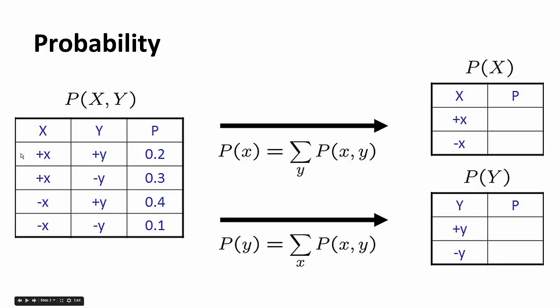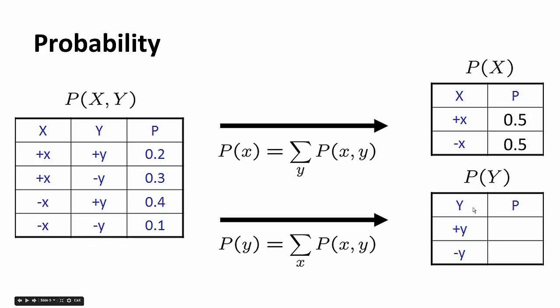That's going to be the sum over these two rows, the probability of plus x and plus y, and the probability of plus x and minus y. We just sum up these two entries, so 0.2 plus 0.3, and that gives us 0.5.